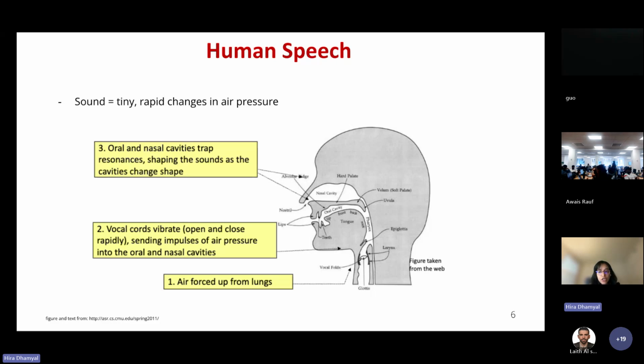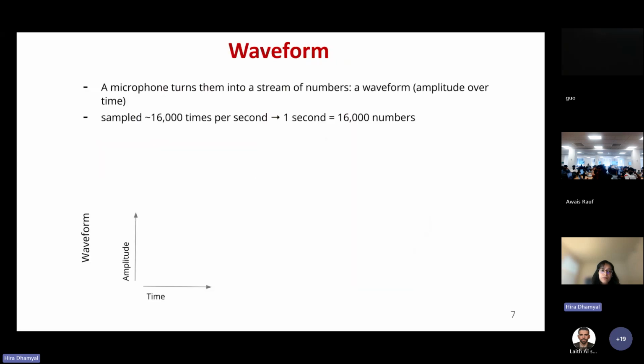This is the major source of production of sound. It then goes through the oral and nasal cavities to modify the sort of sound we are producing. But this is the major anatomy and mechanism of how speech is produced by humans.